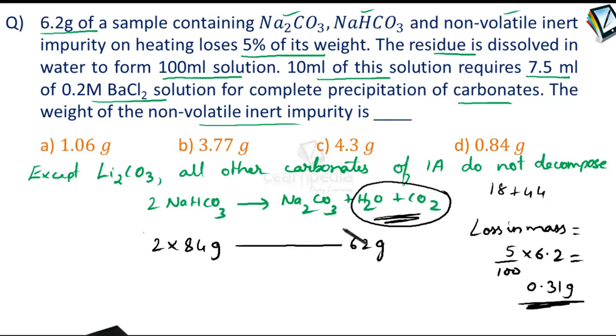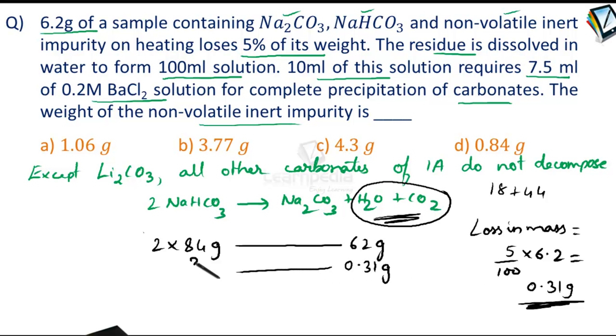As we know that the loss in mass is not at all due to the sodium carbonate taken in the mixture or non-volatile impurity present in the mixture. It is only because of the decomposition of sodium bicarbonate into Na2CO3, H2O and CO2. So when we take 2 moles of sodium bicarbonate, the loss in mass is 62 grams. And here the loss in mass is only 0.31 grams.